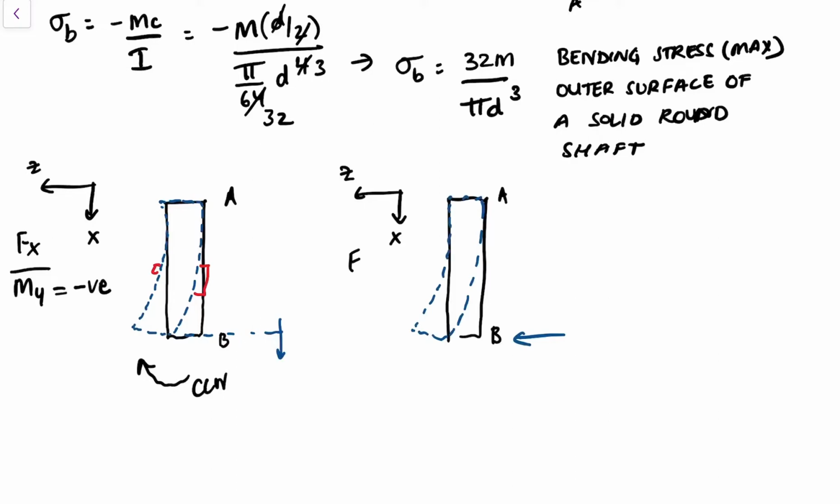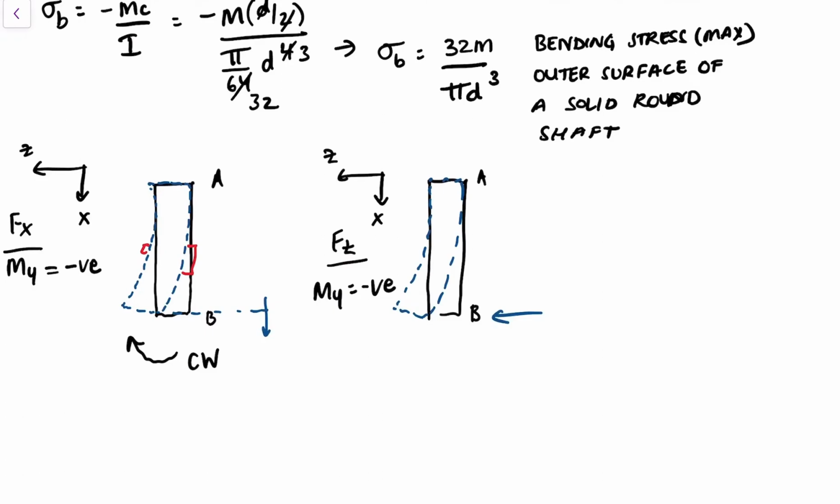Again, Fc causes a counterclockwise, oh, sorry, this is clockwise. Again, it causes a clockwise motion. So again, moment about y is negative because y is pointing out of the page.